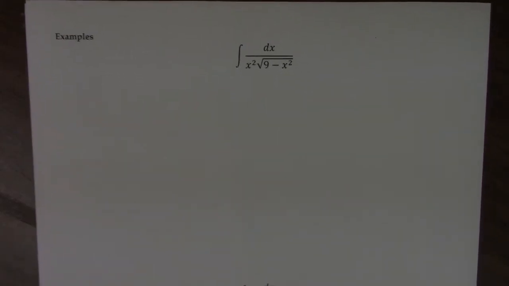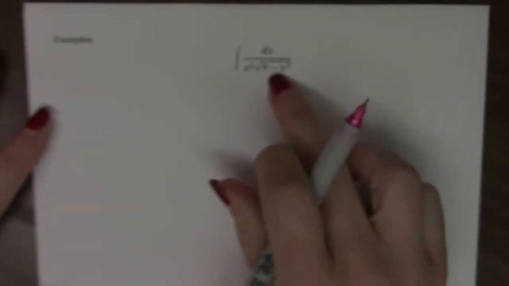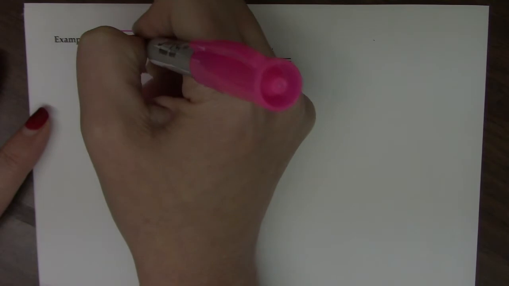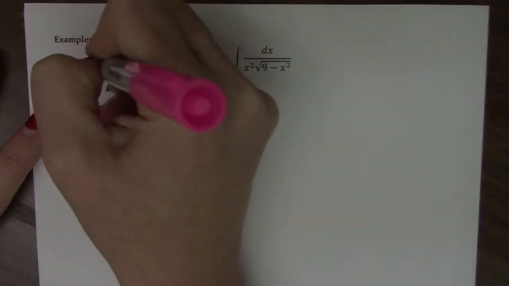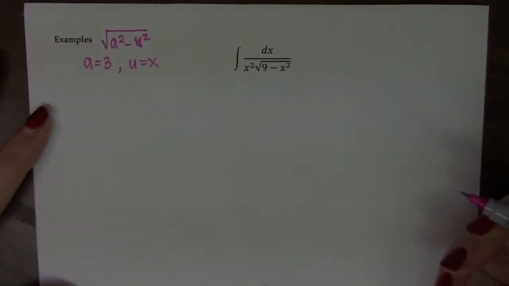So the first example I want to look at is dx over x squared times the square root of 9 minus x squared. The radical is always going to lead the discussion here, so you want to look at the form of the radical. This radical is of the form a squared minus u squared, where a is 3 and u is just x.